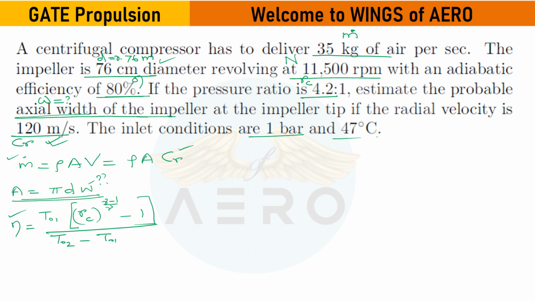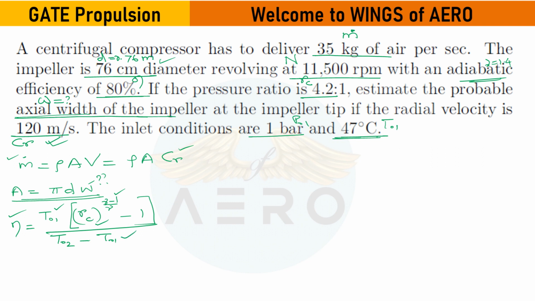The pressure ratio is also known, and as it is an adiabatic condition, gamma is 1.4. So we can find this T naught 2. The inlet value which they have given is T naught 1, and let's consider this P naught 1, which is also known.